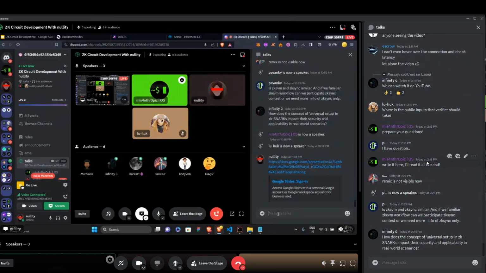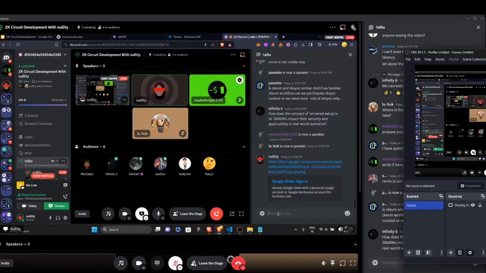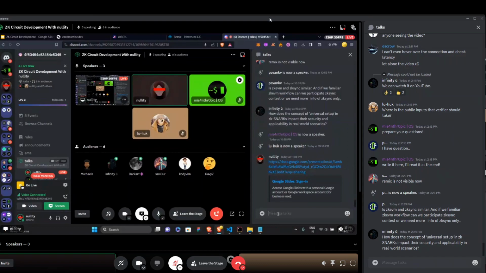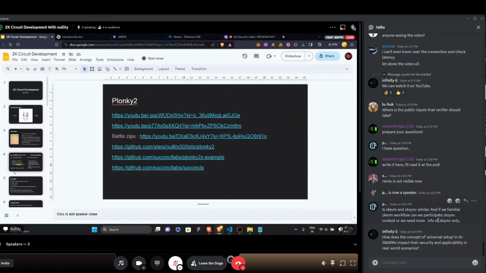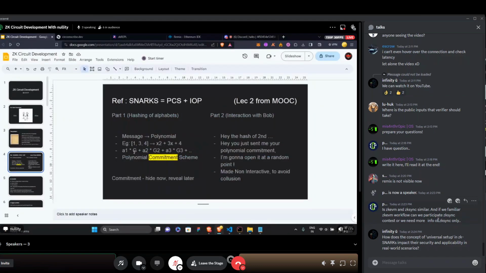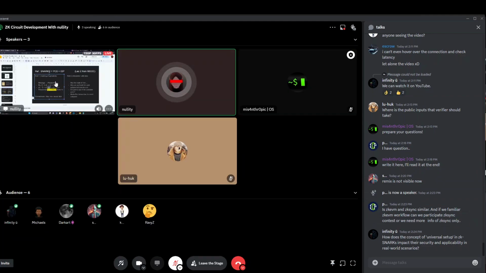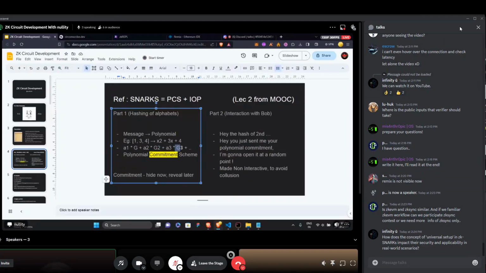Awesome answer. How does the concept of universal setup in zkSNARKs impact the security and applicability in real-world scenarios? Really good question. If you just go back to polynomial commitment schemes, you see G square, G cube.